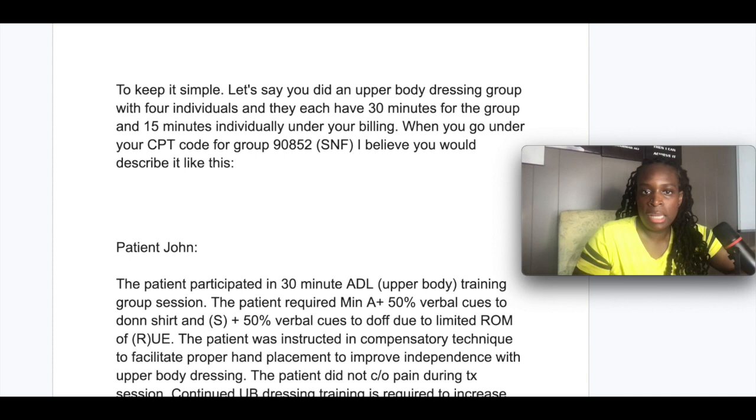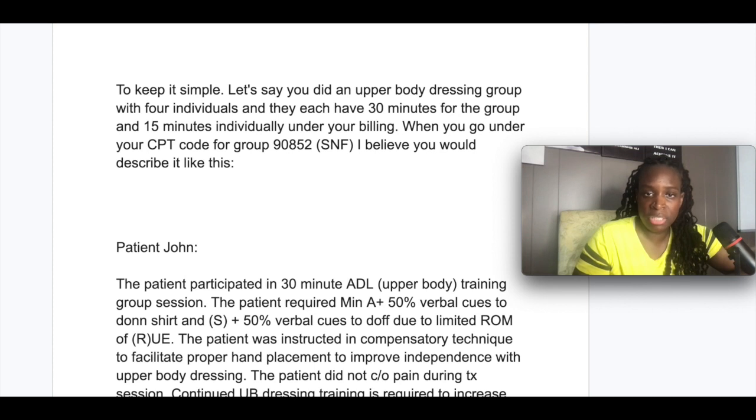We did let's say a balance activity. So then you would put 15 minutes under that. Okay, so that's how you would structure it pertaining to your billing.